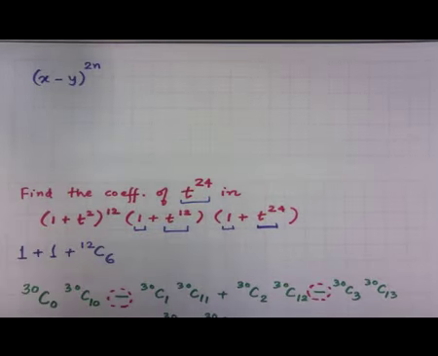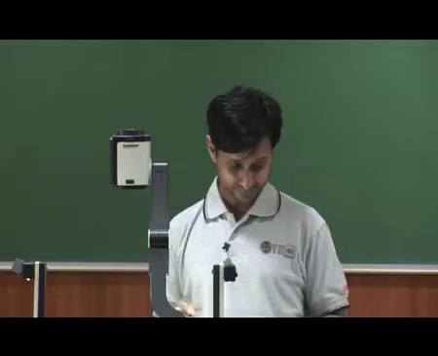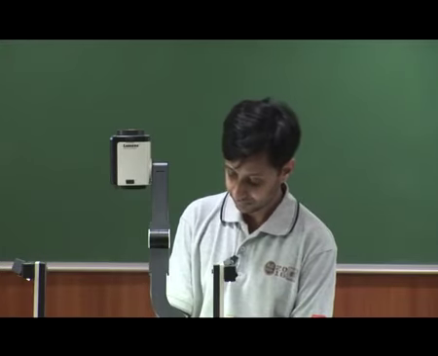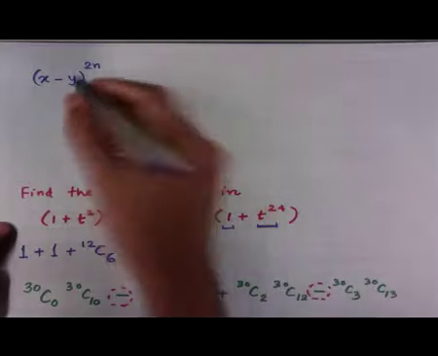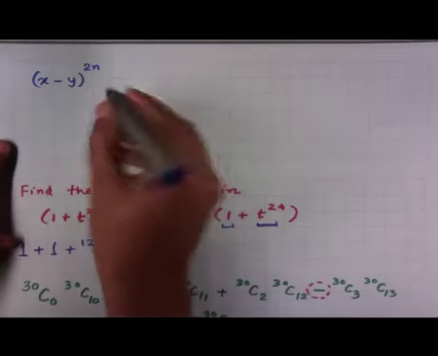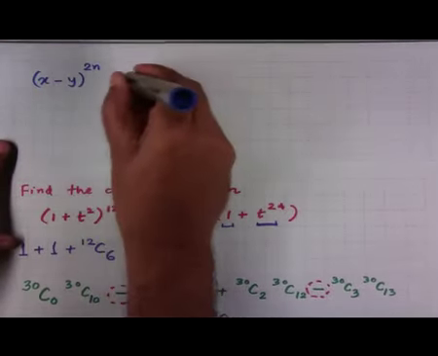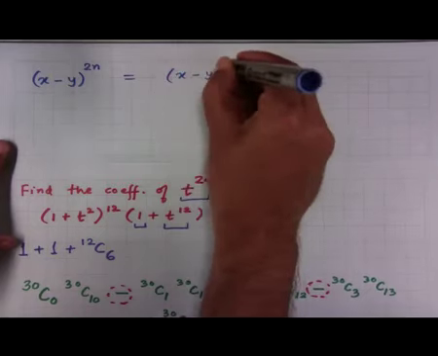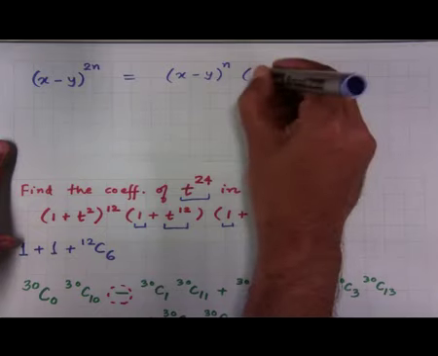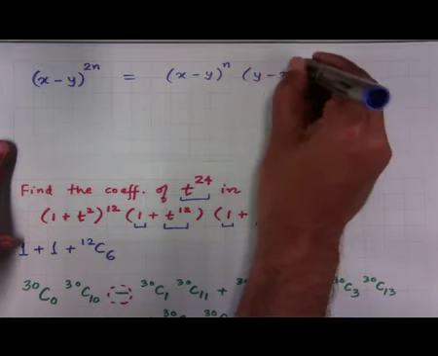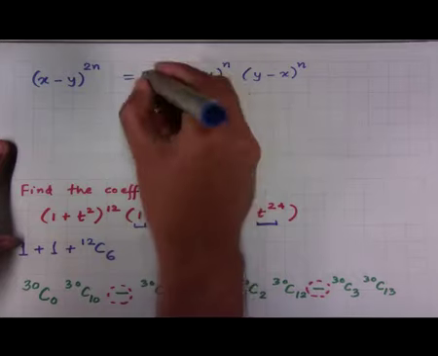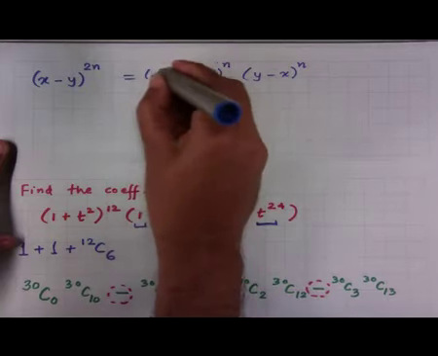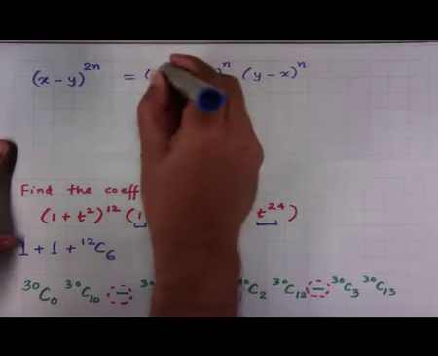Okay. And what we are going to do is actually not quite this. We can work with x minus y whole power 2n, and we are going to break this up into x minus y whole power n and y minus x whole power n, and there is of course a minus 1.